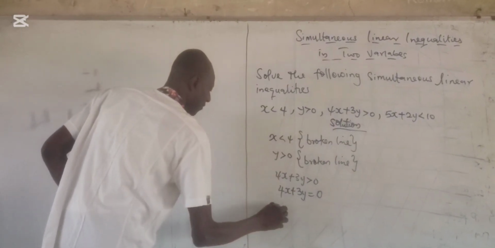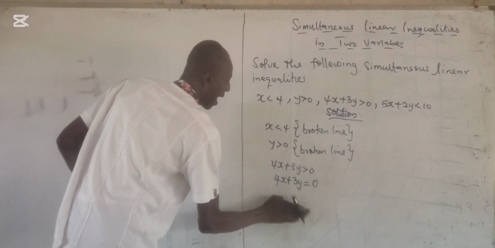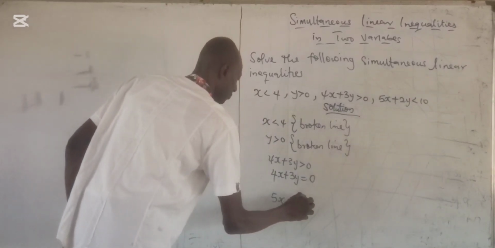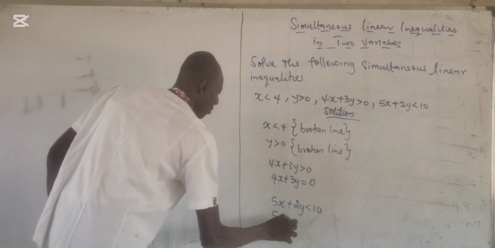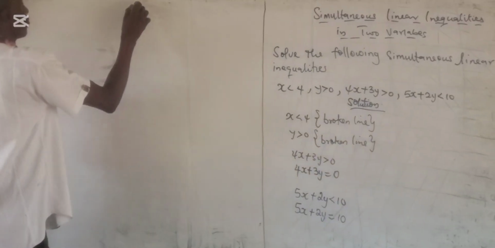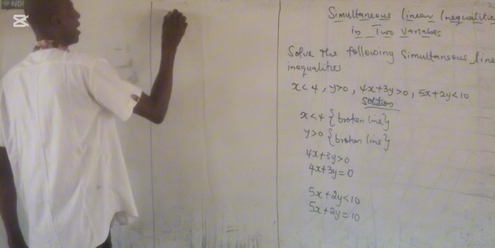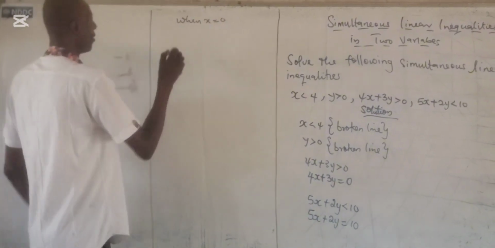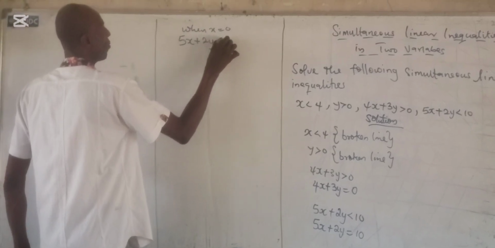Now, let me take the 5x plus 2y is less than 10. So now say 5x plus 2y is equal to 10. If you want to solve that, you say when x is equal to 0, 5x plus 2y is equal to 10.